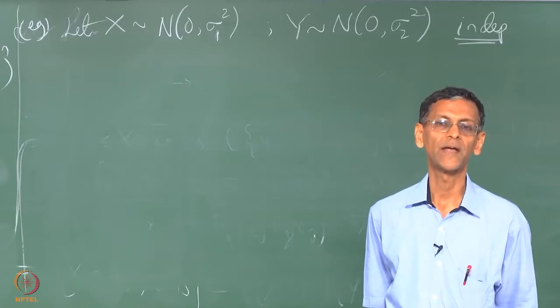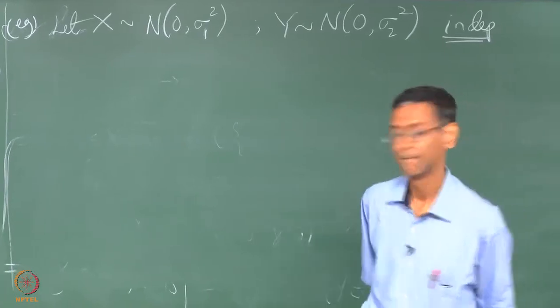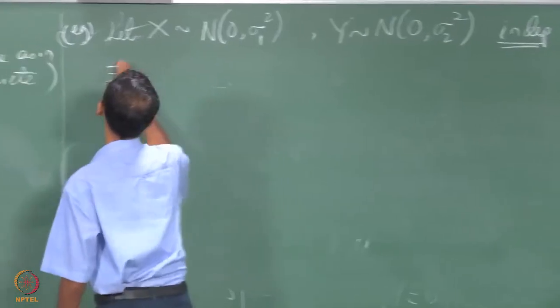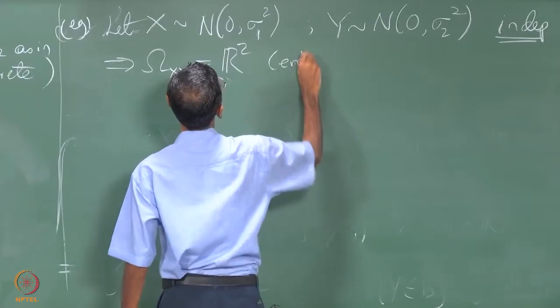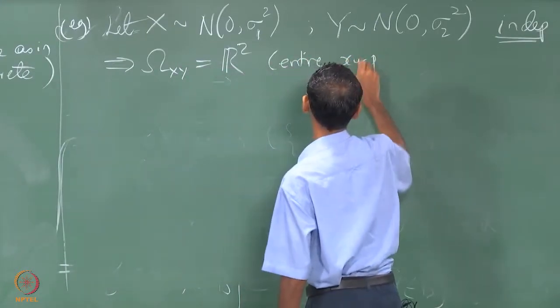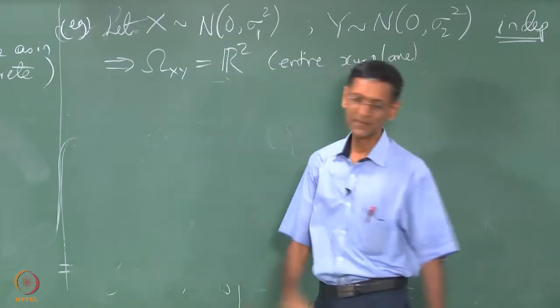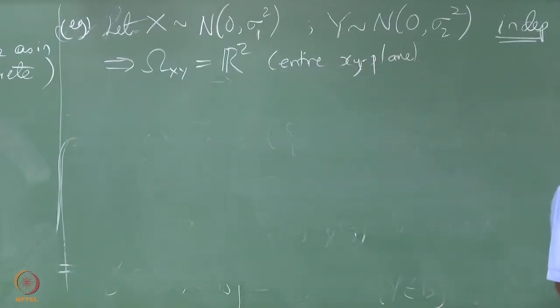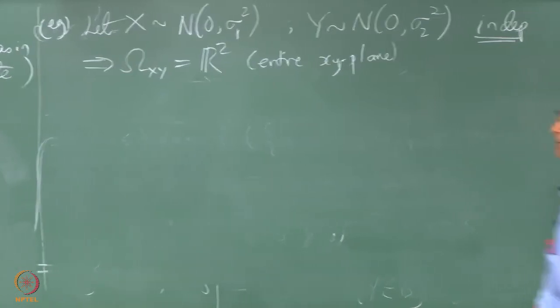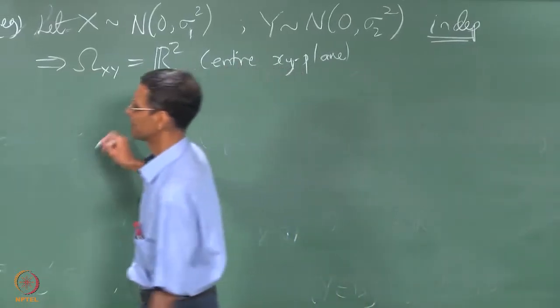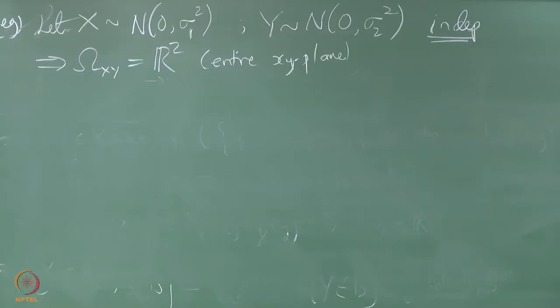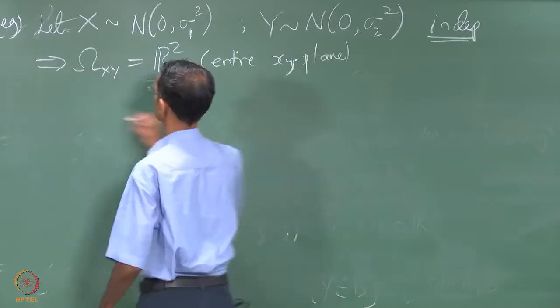So when you combine them, the omega xy will be the whole plane, the entire xy plane, which is to say that any point in that plane can occur in the joint experiment where you consider both observations. Okay, that's the first part.